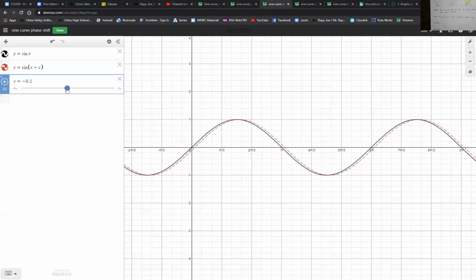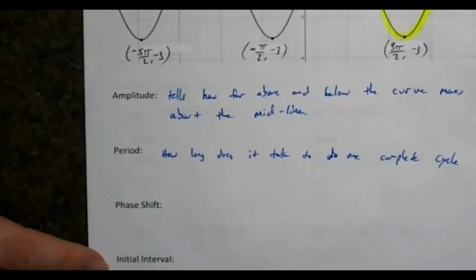So what that means is, instead of starting at 0 like you normally would, maybe you start somewhere else. So maybe you'd move to the right, you start at pi over 2 or something like that. So the phase shift basically tells you where the new curve starts and stops. Okay. So let's go back here and talk about phase shift.